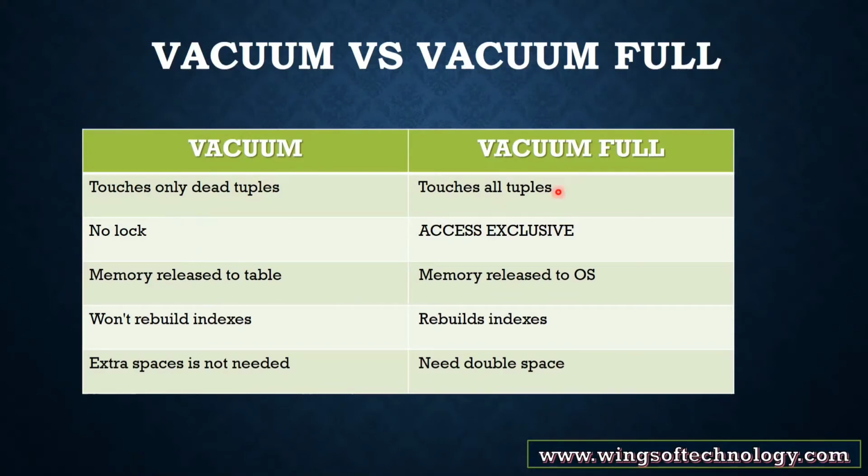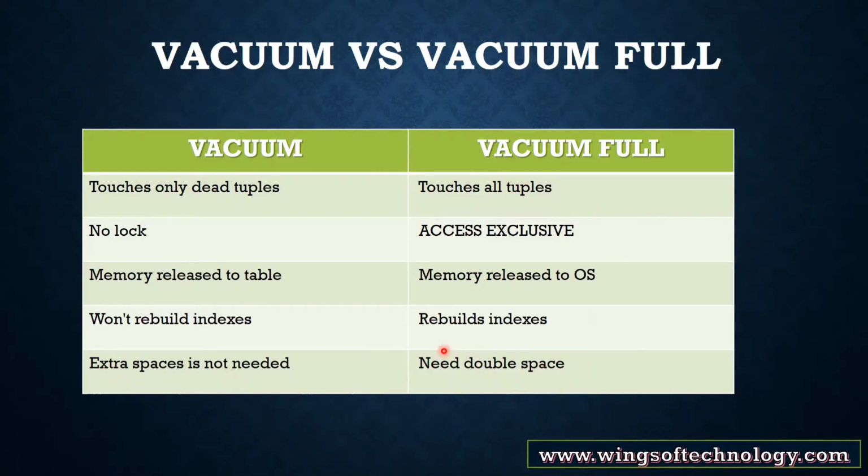Nothing but it will move all the table data from one location to another location, and it keeps only non-dead rows, all active rows, but it doesn't consider the dead rows from the previous location. That means it has to move the entire table from one location to another. This is almost related to the last point.